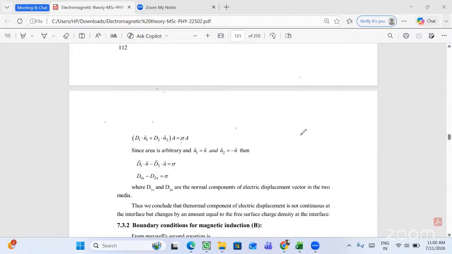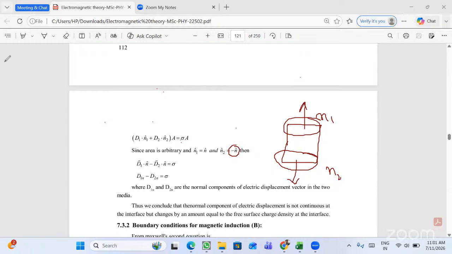Why minus n? In the pillbox, n1 is the normal in this direction and n2 is in the opposite direction. Both normal vectors have the same magnitude but are opposite in direction, so that is why we get the minus sign here.